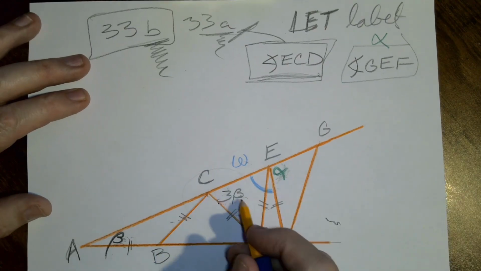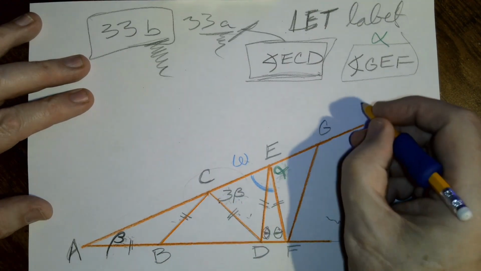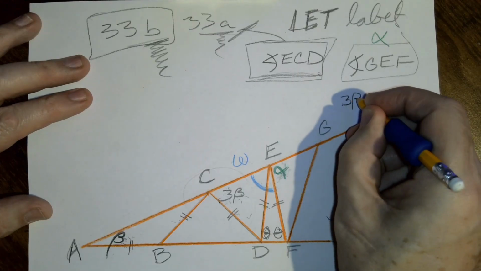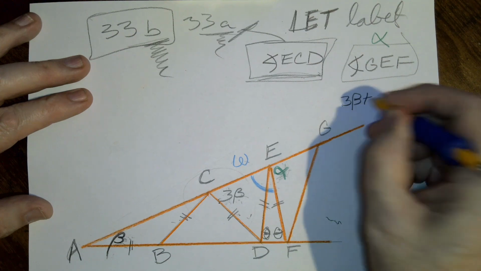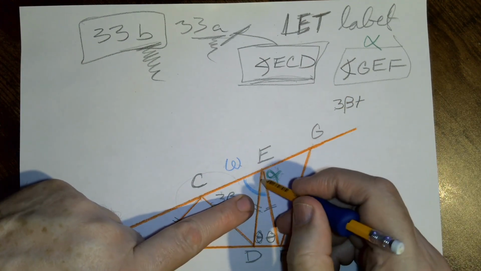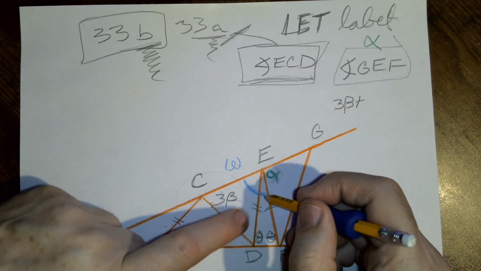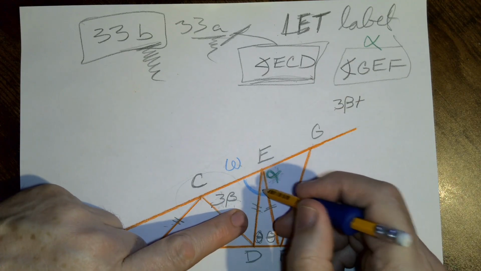Part of omega is 3 beta, right? 3 beta plus this angle here inside this vertex angle of the isosceles triangle.